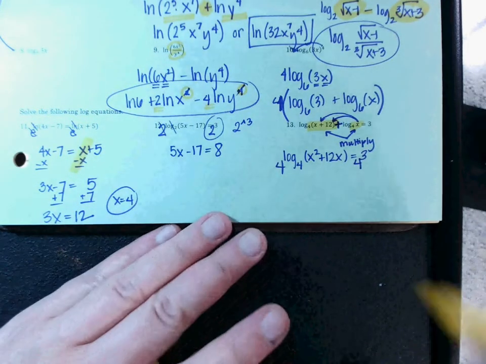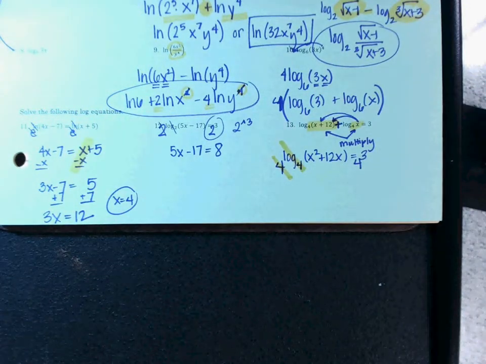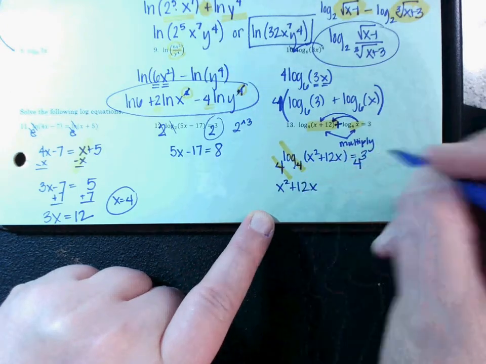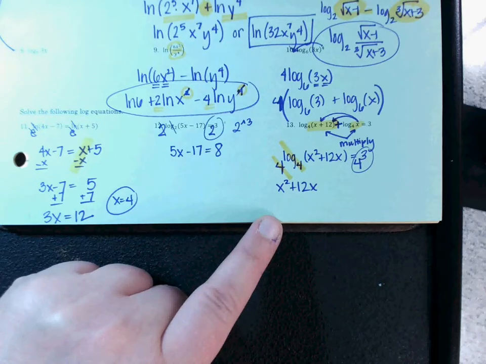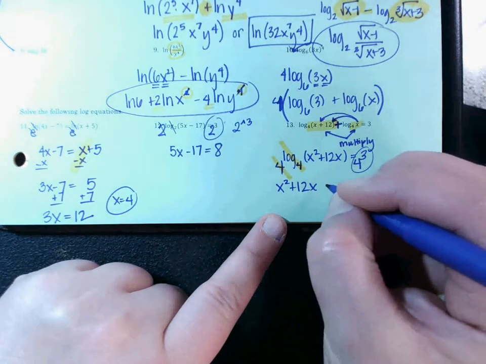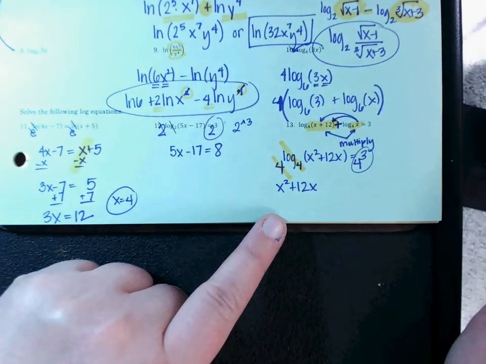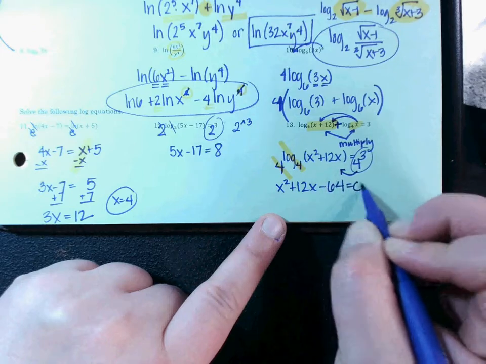And then remember that your 4 and your log 4 are going to cross out with each other. My x squared plus 12x carries down. And then 4 to the 3 you would put in your calculator. That gives me what? 64. Good. Now, if it equals 64 on this side, I see I'm going to have to t-chart, so I'm going to go ahead and bring that over to this side as a minus 64.